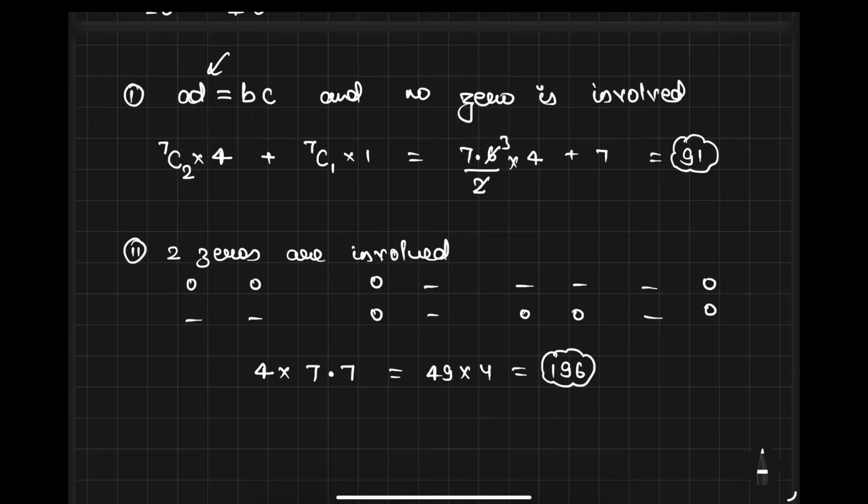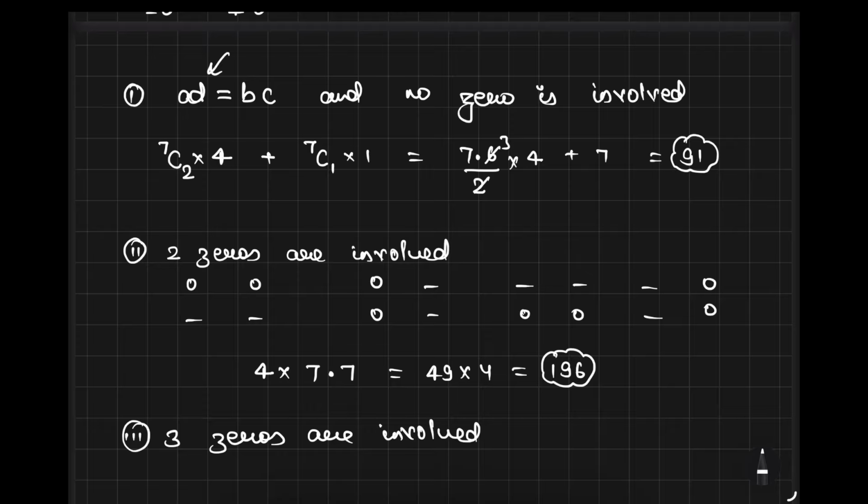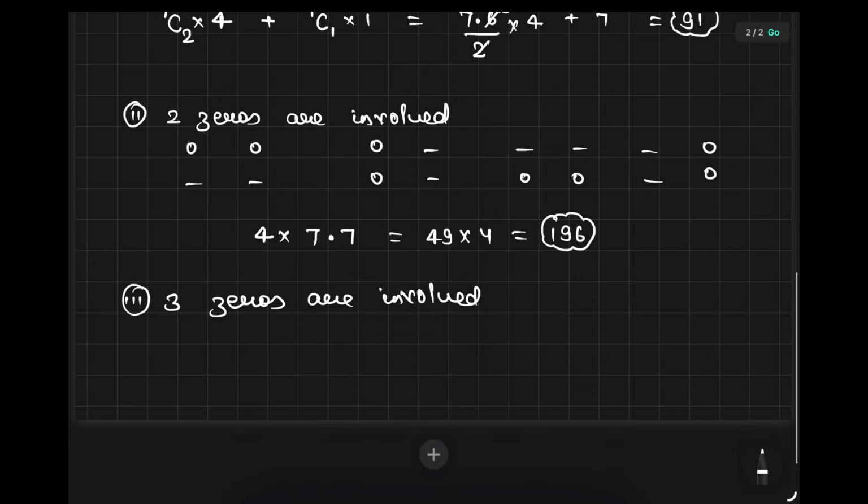So under this case you got 196. Now suppose that in the next case three zeros are involved. If three zeros are involved, how many ways can you put them? 0 0 0 dash. So this is okay.